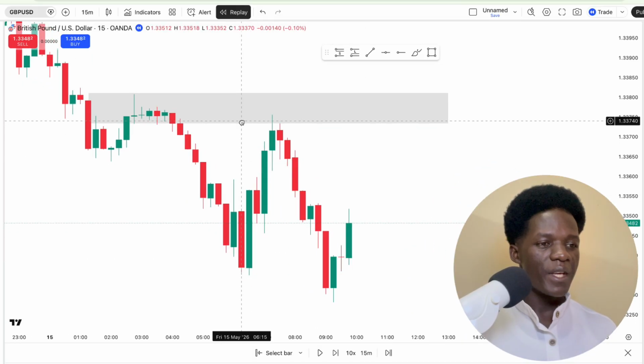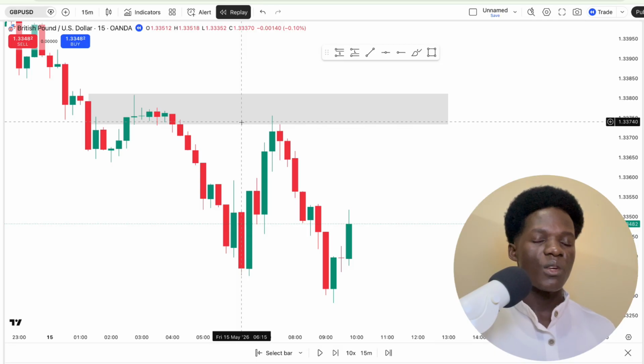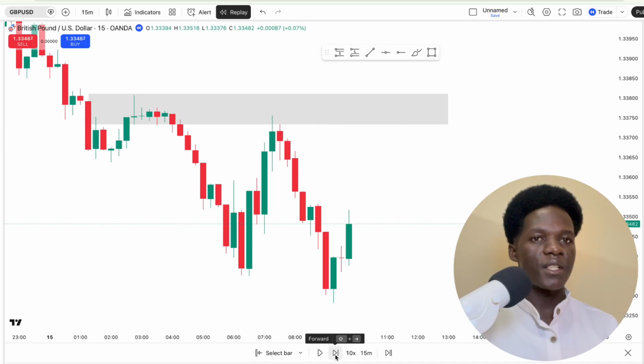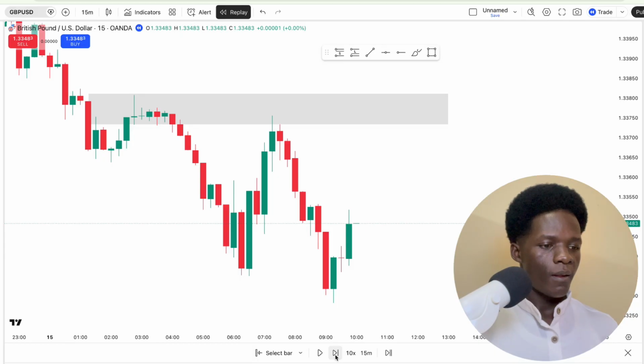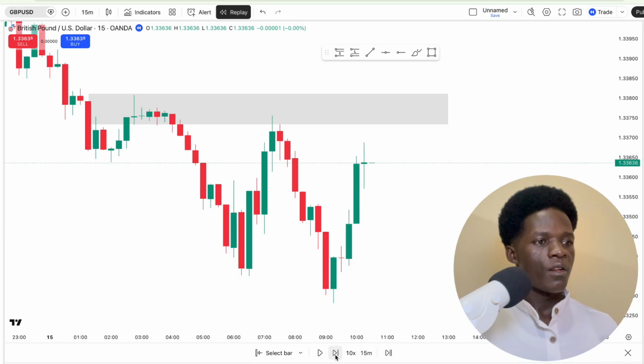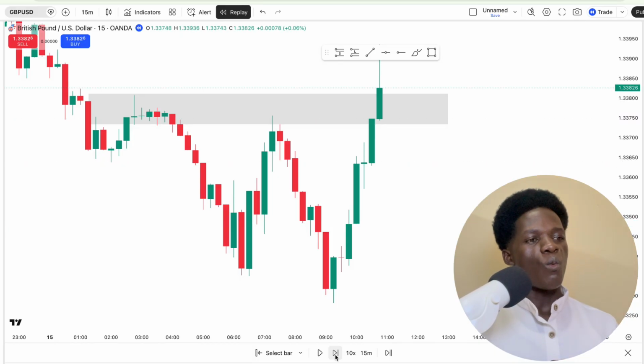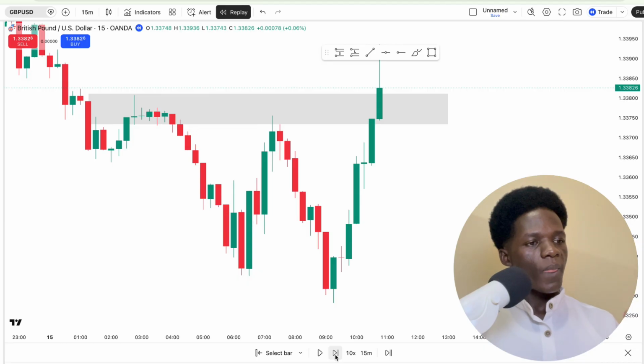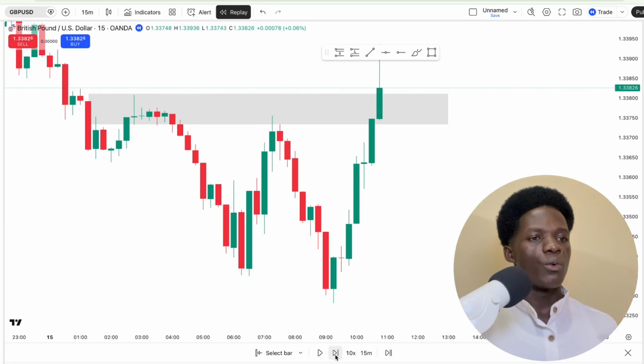So what we do next here is to wait. Be patient, wait for price to come back to your key level. Now, pay attention here. When the price comes to your key level, most beginners enter immediately.